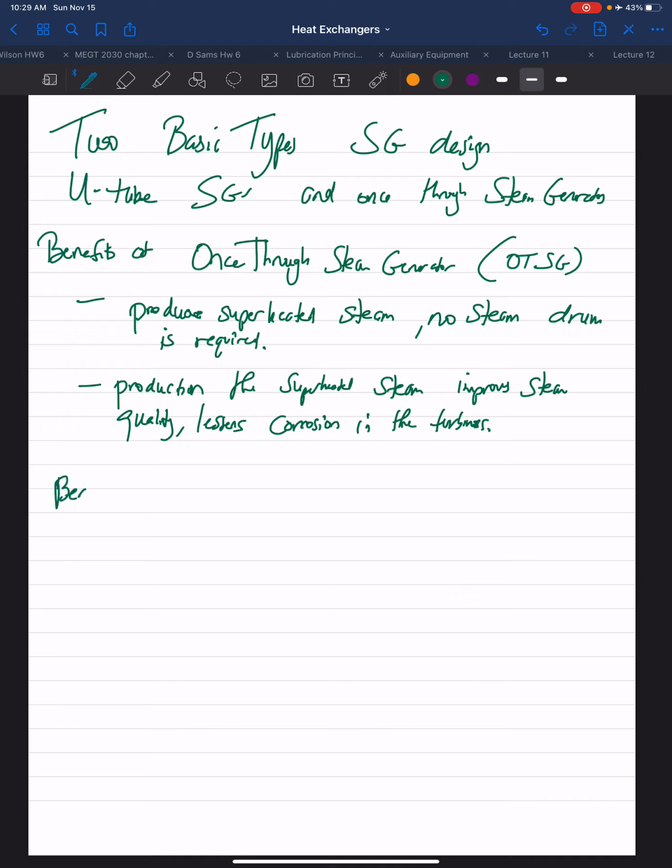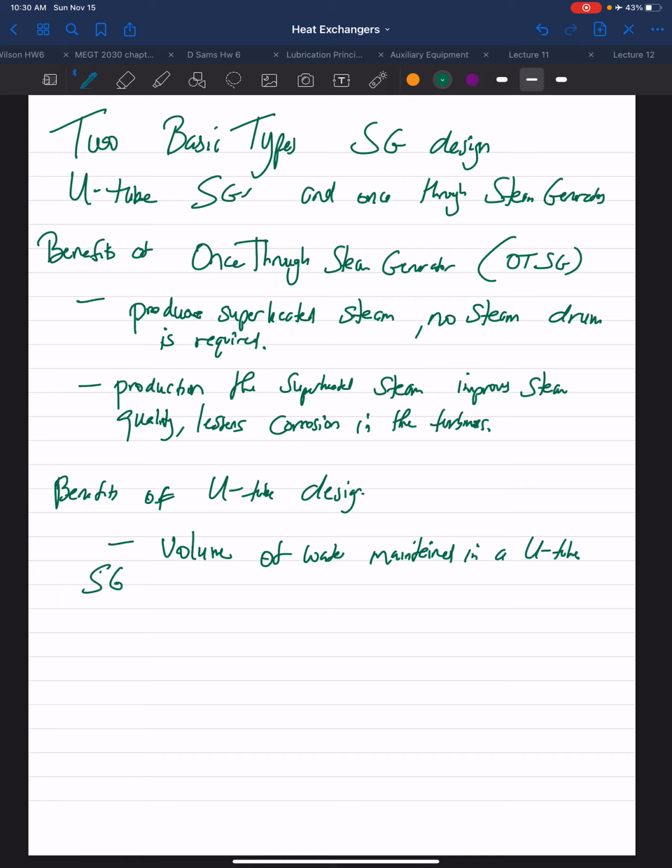Some benefits of the U-tube design: the volume of water maintained in a U-tube steam generator at 100% power is much larger than in a once through steam generator.